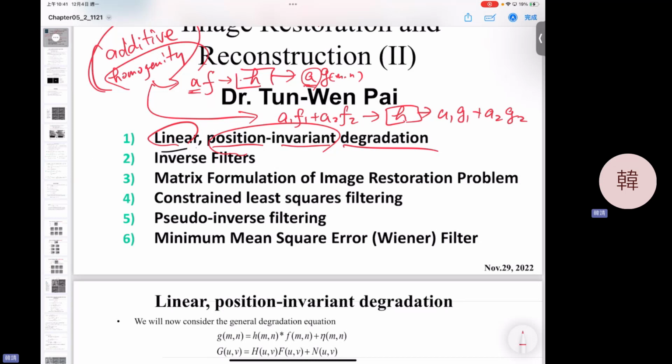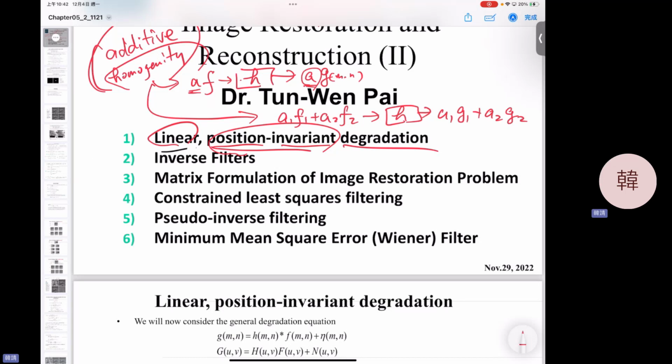It only depends on your image content, not position. For example, if your image system degraded in Taipei and you move to Kaohsiung, the degradation model still works the same. The degradation model does not change because of your different altitude. It's nothing related to the position of your image. It's only related to your image content or speech content.